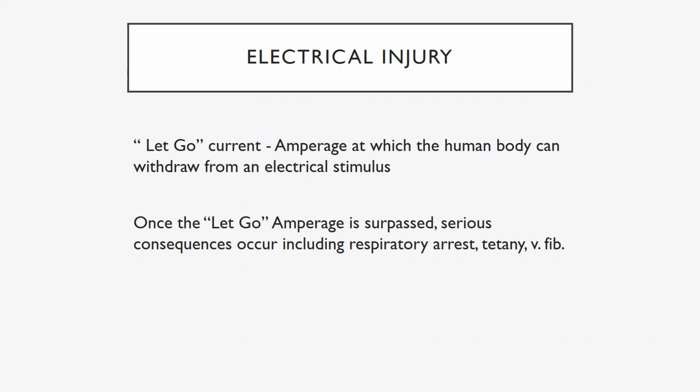If the electrical stimulus is much higher than that amperage, the human body cannot withdraw from the stimulus, and then you start seeing all these consequences: respiratory arrest, cardiac arrest, tetany, VFib, things like that. Nobody knows exactly what this let-go amperage is. It's different for different people. There's no set value for it.